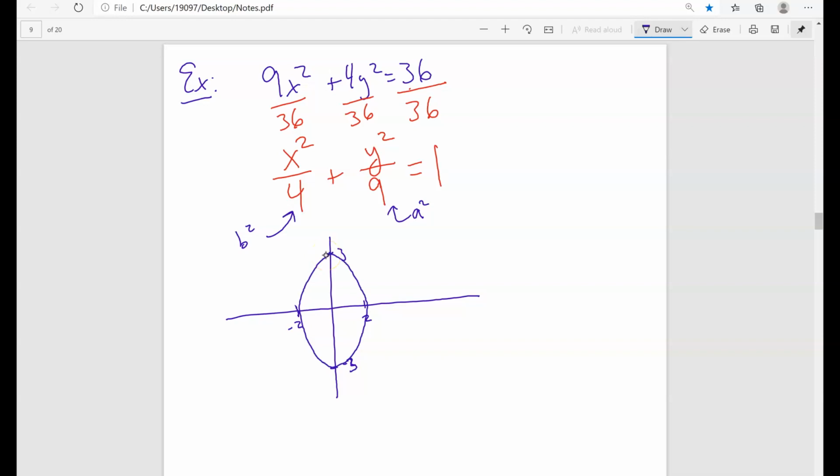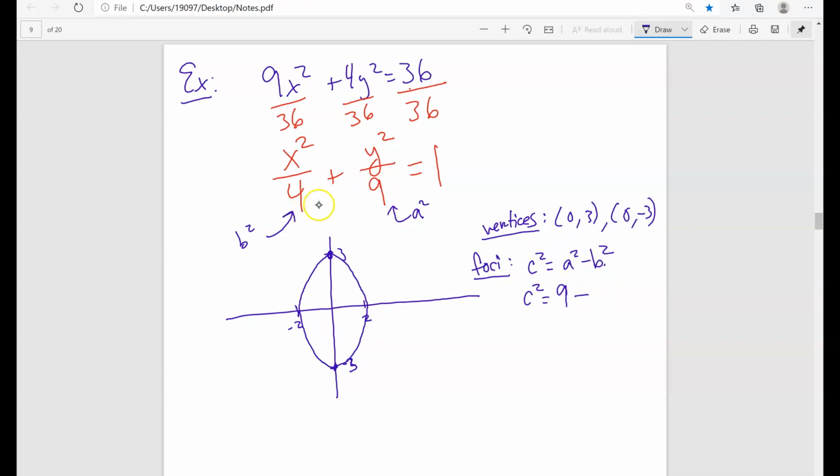Okay. So here my vertices are going to change, because now they're going to be on the y-axis. So that's going to be 0, 3, and 0, negative 3. My foci, we're still going to do the same thing. C squared equals a squared minus b squared. So a in this case now is 3, squared that's 9.